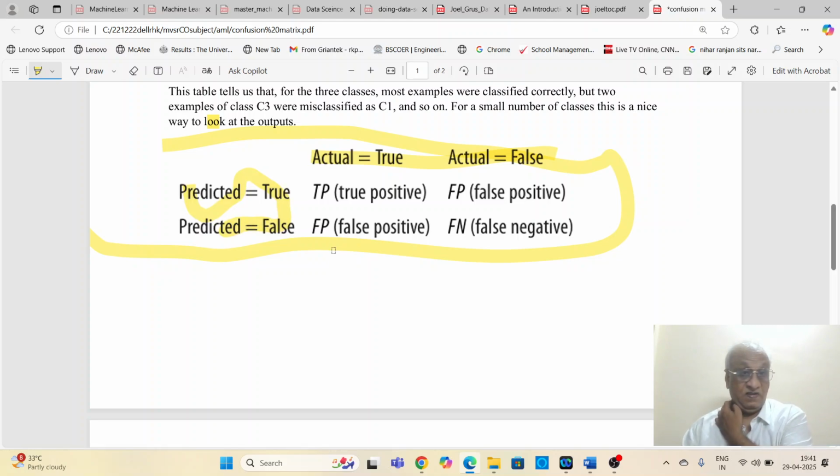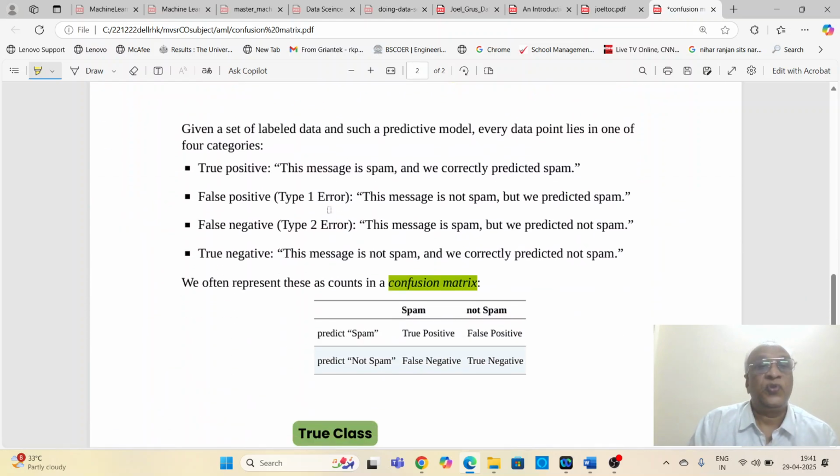Then there will be four categories of predictions: one category called true positive, one called false positive, one called false negative, and one called true negative.